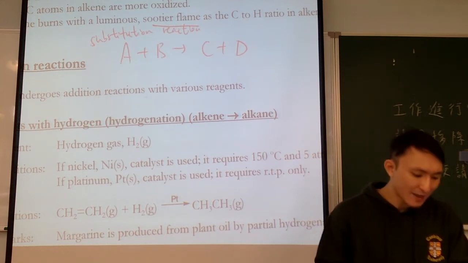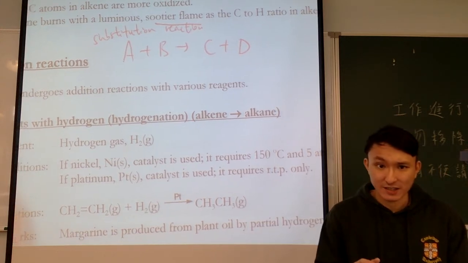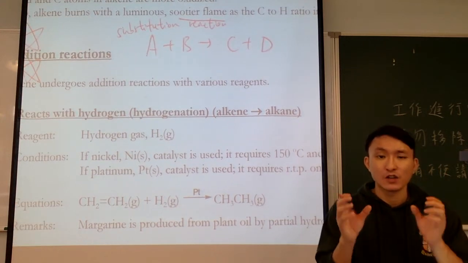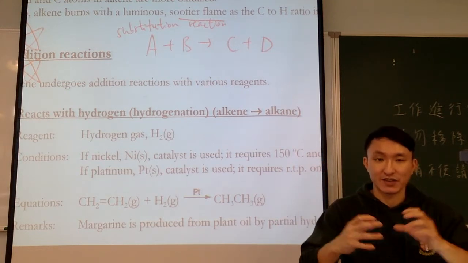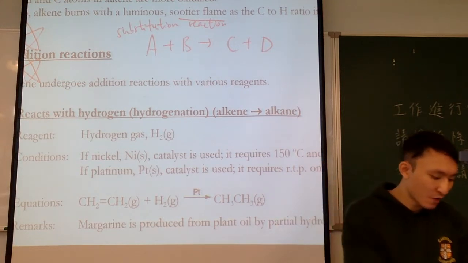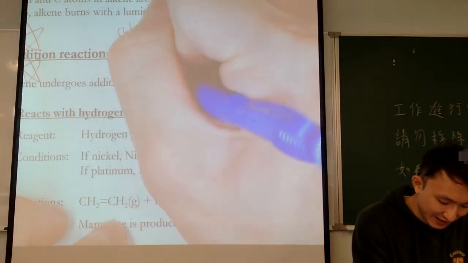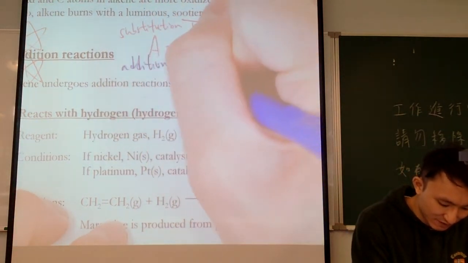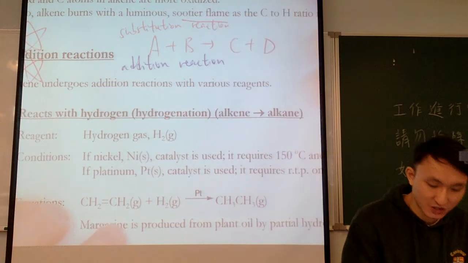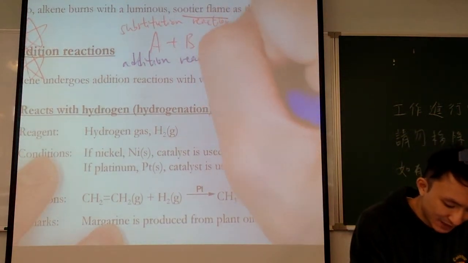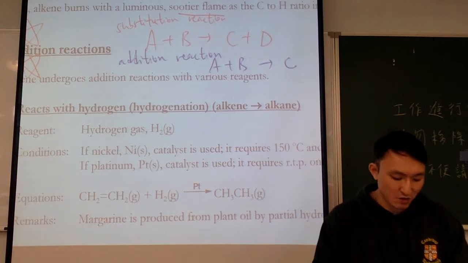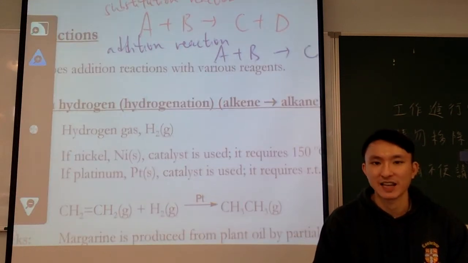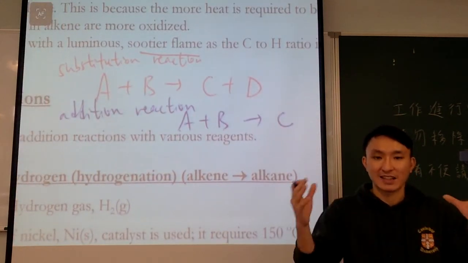Now, for addition reaction, this time we have two reactants, or even later on three reactants, adding together. So for addition reaction, we should expect to see A plus B forming C, a single compound, because they are added together.